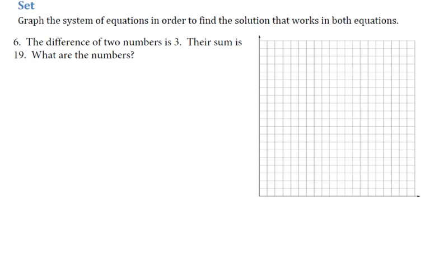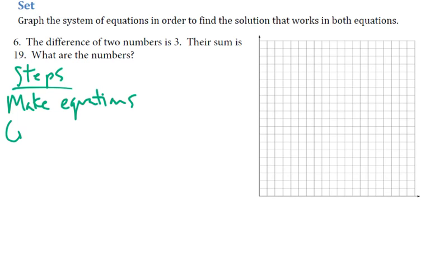Alright, now let's take a look at these ones that this is what we were practicing in class. So graphing system of equations. So remember, the whole point, the steps are, okay, if you've got a story problem, first step would be to make your equations.